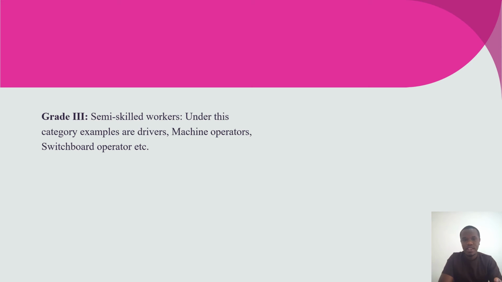The other one would be grade 3, where we can have semi-skilled workers. Under this category, examples are drivers, the ones that drive workers from the offices of the organization to their homes and back to the offices. Machine operators also belong to these.